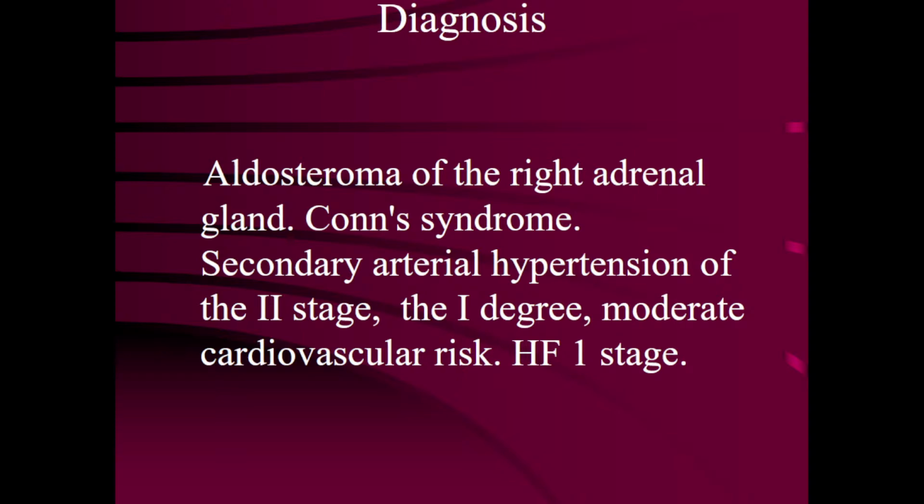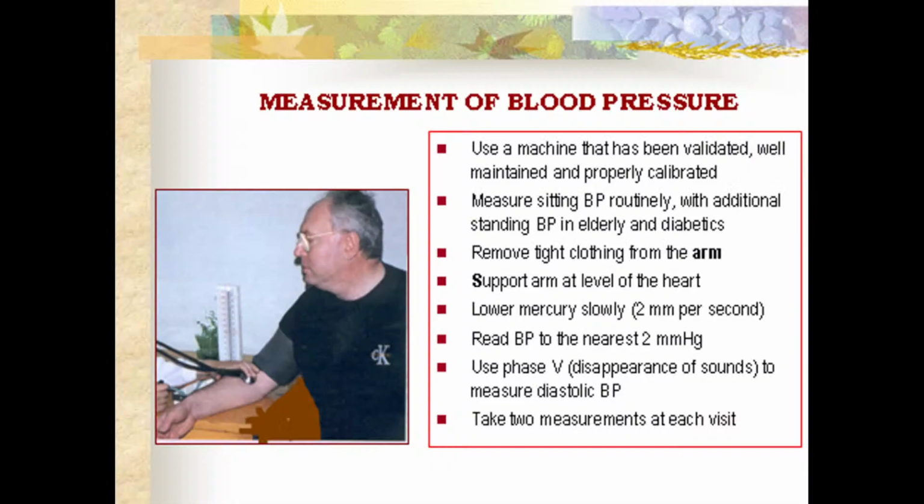Of course, you should confirm the location of the aldosteroma. Conn syndrome includes secondary arterial hypertension of the second stage, the first degree, and moderate cardiovascular risk. Heart failure, of course, in this case chronic heart failure, the first stage. Now, I hope that my explanation was clear for everybody.